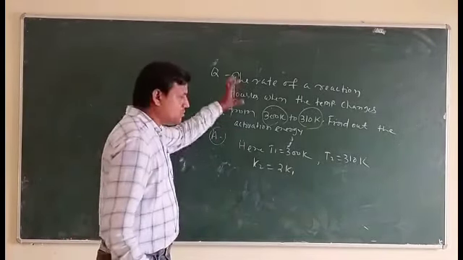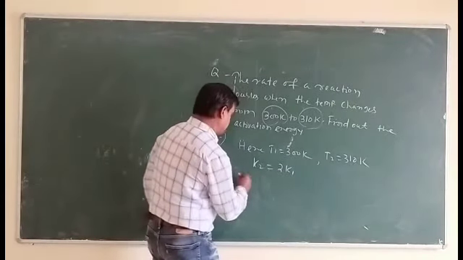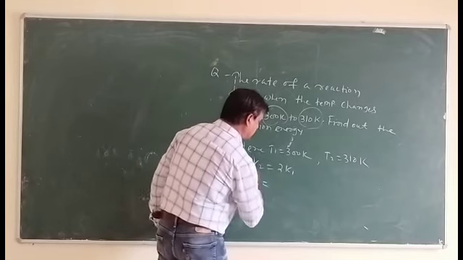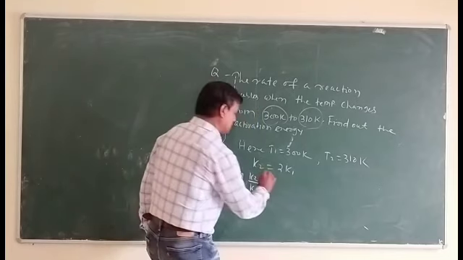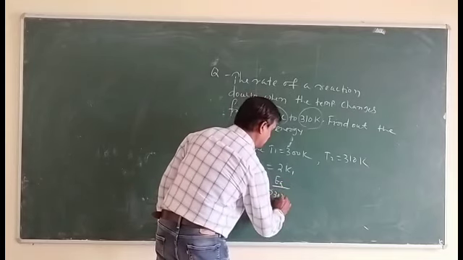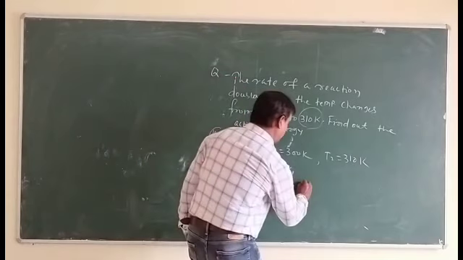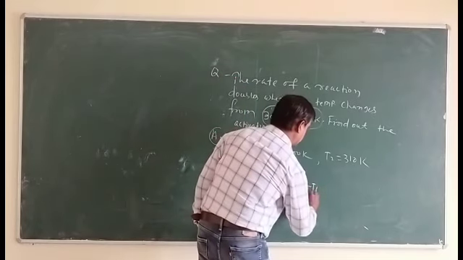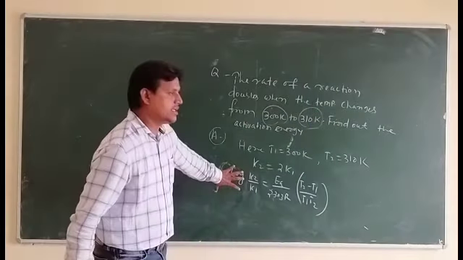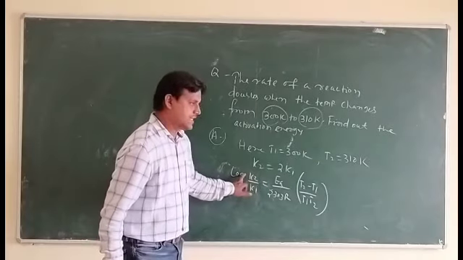Okay. So we know the Arrhenius equation: log of K2 by K1 equals EA by 2.303 R times T2 minus T1 by T1 into T2. This is the Arrhenius equation for the variation of rate constant with temperature.